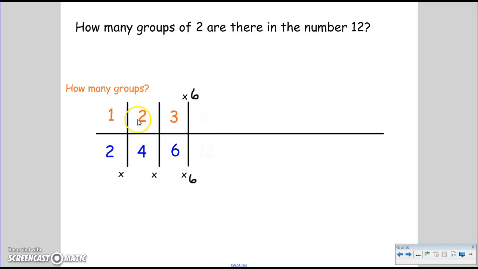Well, if I were to skip count by 2, attempting to reach the number 12, I know that multiplying 2 times 6 gives me 12, and multiplying 1 by 6 gives me 6. There are 6 groups of 2 in the number 12.